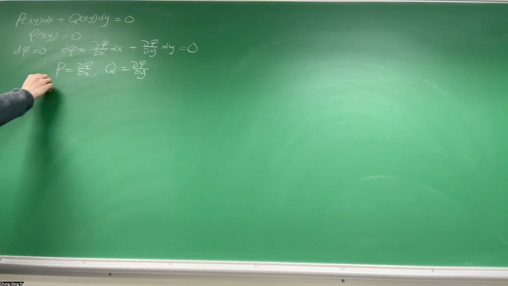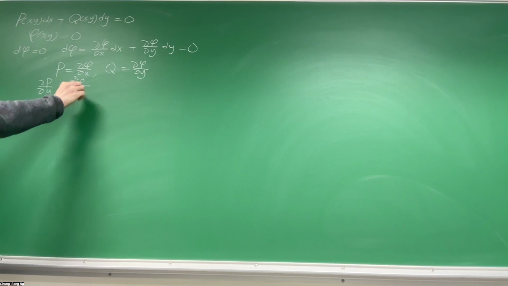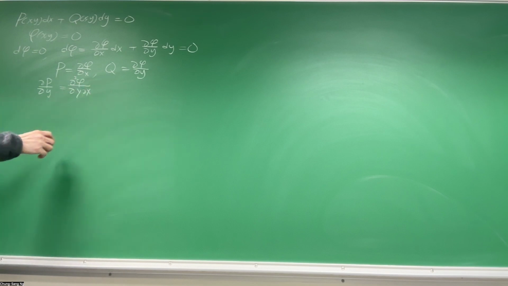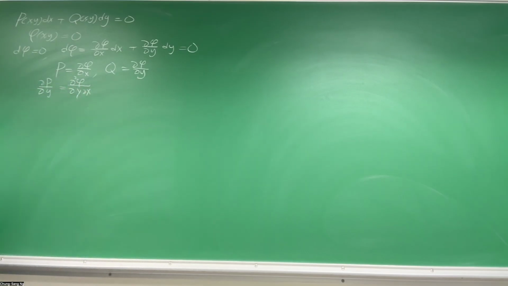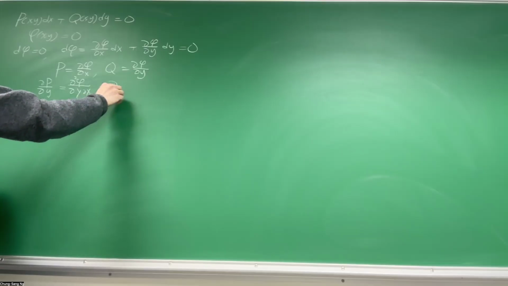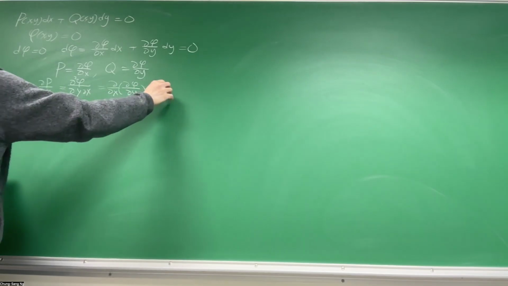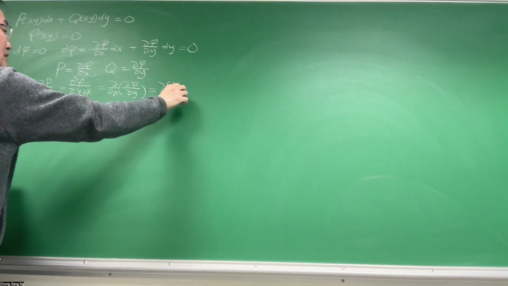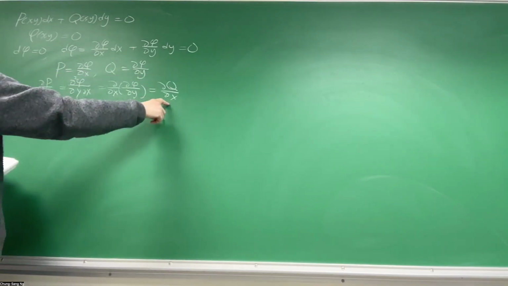So partial p partial y is the second derivative partial y partial x. But the order of partial derivatives is interchangeable, so partial x partial y. That becomes partial q partial x. You just check whether partial p partial y equals partial q partial x.